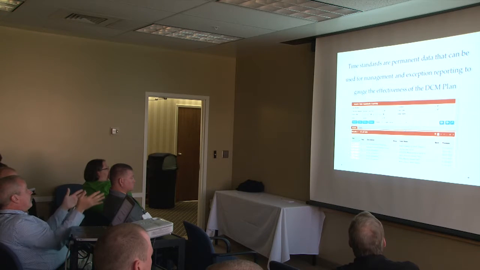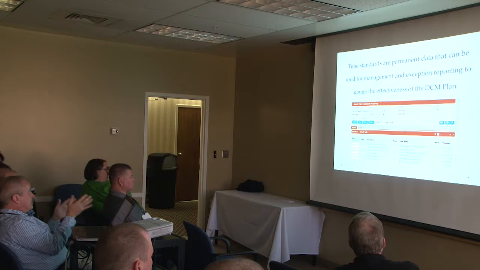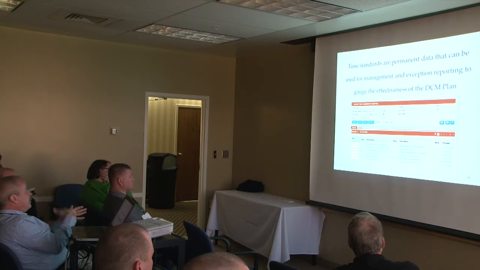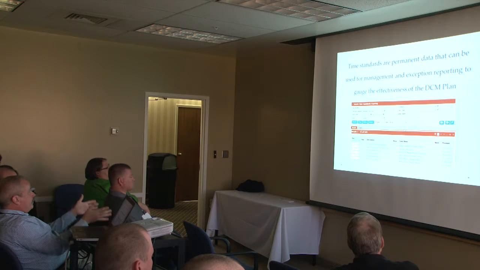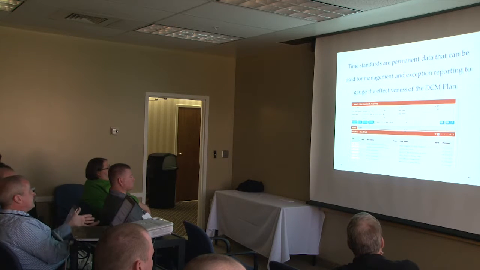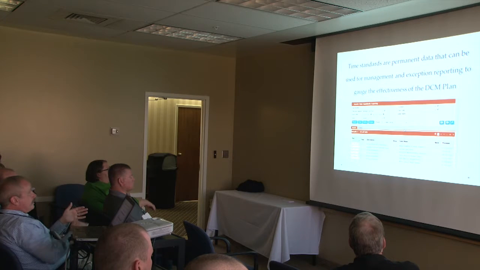You can lay out all of your time standards from a time standard exception report, and turn them into a pivot table and run for whatever period, last month, last quarter, last year, and see at a glance how you're doing.